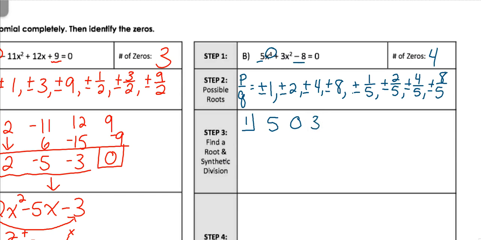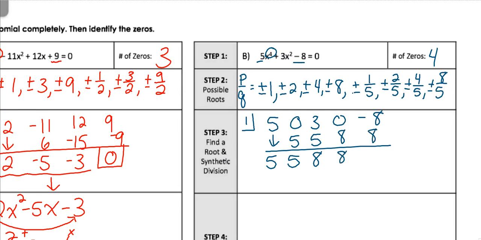And then 3, I'm also missing an x term, and then my constant. So when I divide these, I drop that one down, and then I multiply and add, multiply and add, multiply and add one last time, and we get that remainder of 0 that we need. So we know that 1 is indeed a factor.